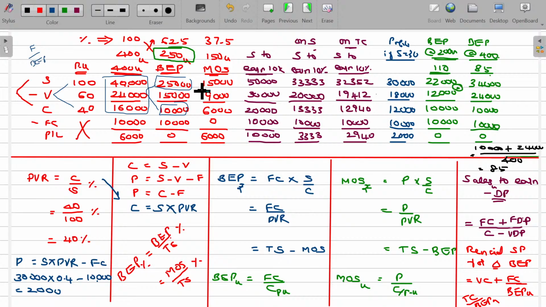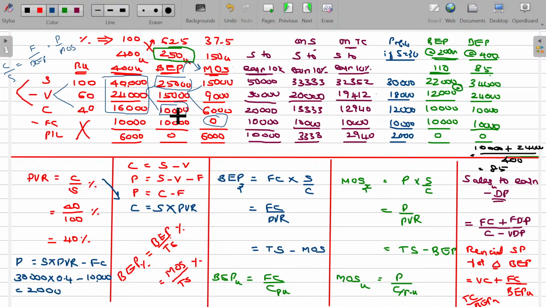In case of MOS, this 6,000 is profit divided by the MOS sales, or C bar S. Whatever the mode may be, you can calculate. The main thing to understand is that MOS is nothing but incremental sales, or sales beyond BEP. Any sales beyond the BEP, we don't have the fixed cost.